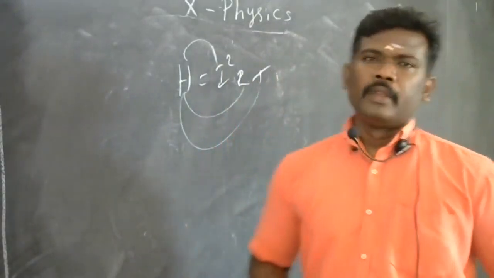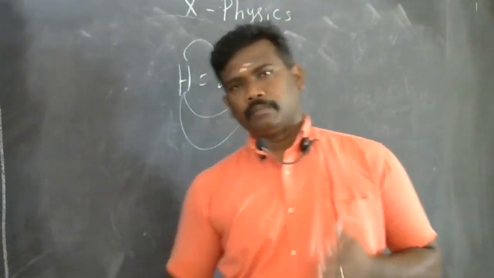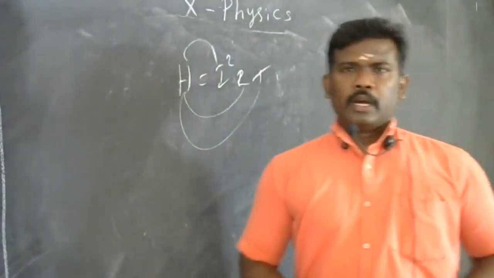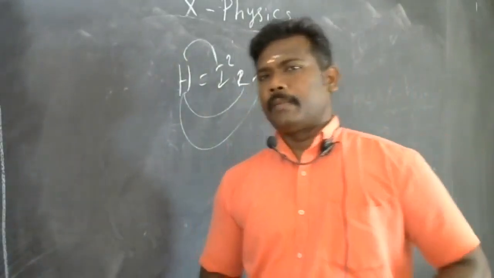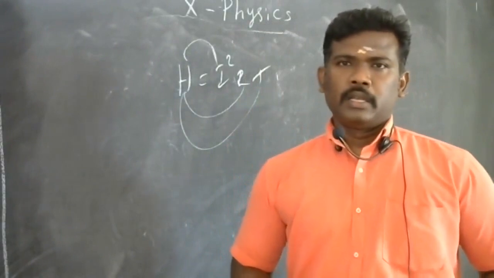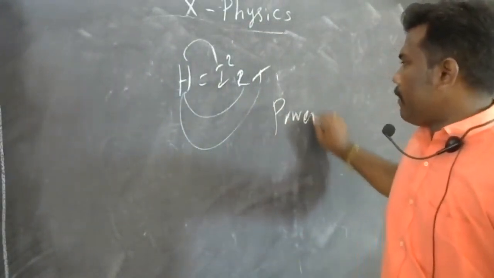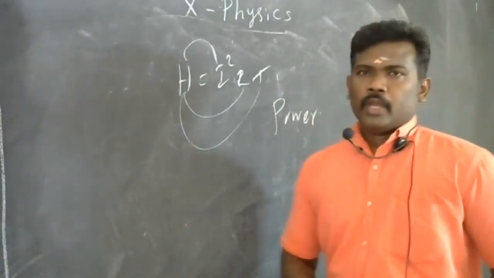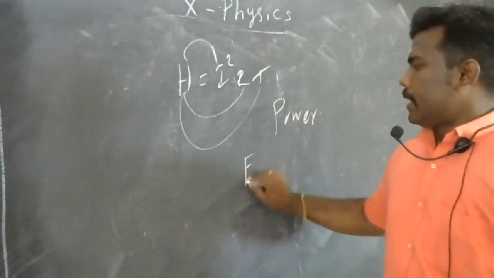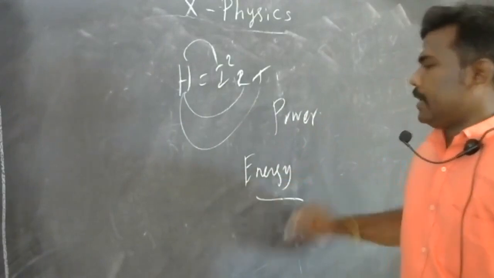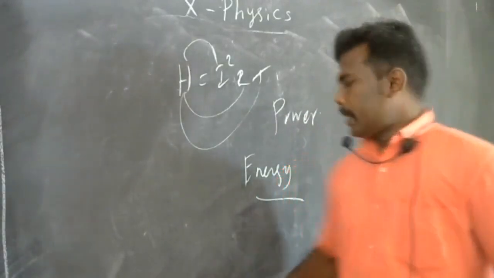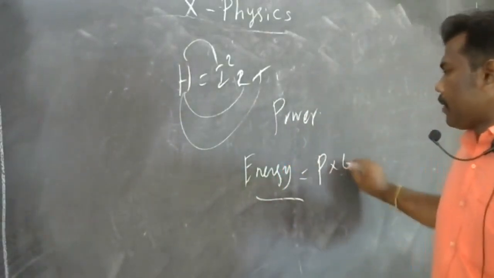And one more thing, it is related to your problems. First of all, if an electric fan has a power rating, they give the value of power. You are going to calculate the energy consumed by the devices. Energy is nothing but the product of power and time.